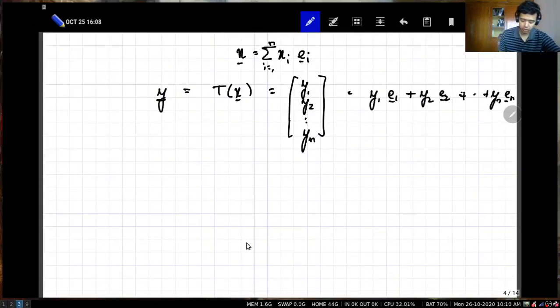Now let's look at the effect of the transformation T on the ith ordered basis vector. Let's look at the effect on e1.